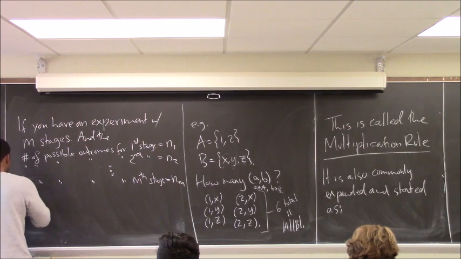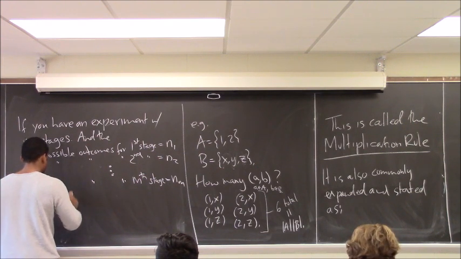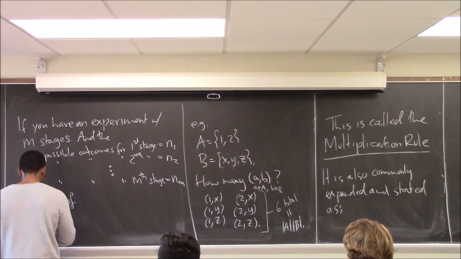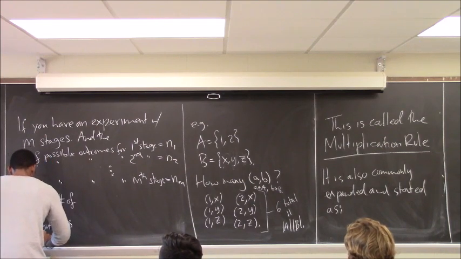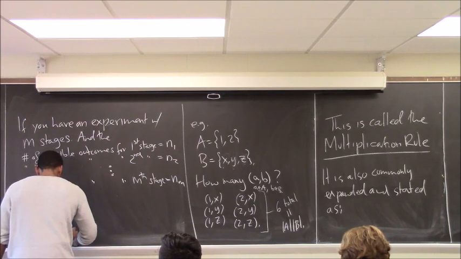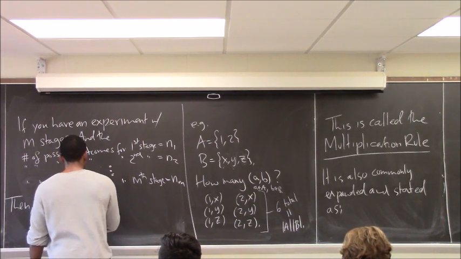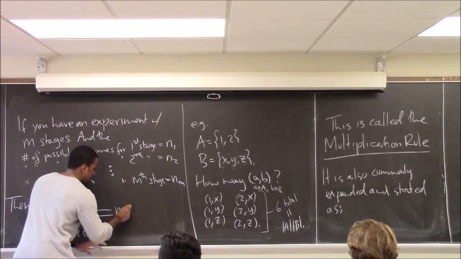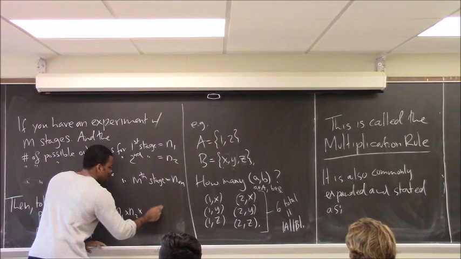Then the total possible outcomes for the whole experiment is going to be equal to the multiplication of all of these, n1 times n2 times ... times n sub m.